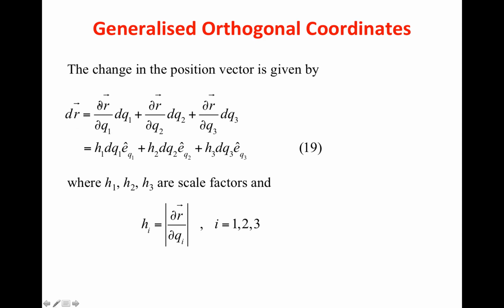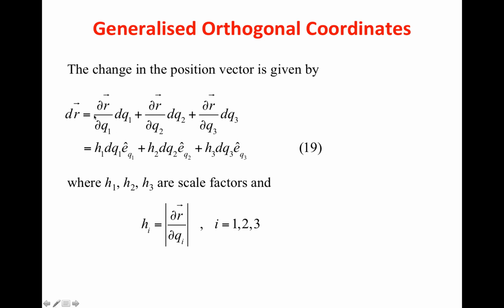So, I will have this as del r by del q1 into dq1, and so on. The rate of change of this position vector r with respect to q1 has a certain magnitude which I am calling h1, and this is the rate of change in the direction of eq1 cap.